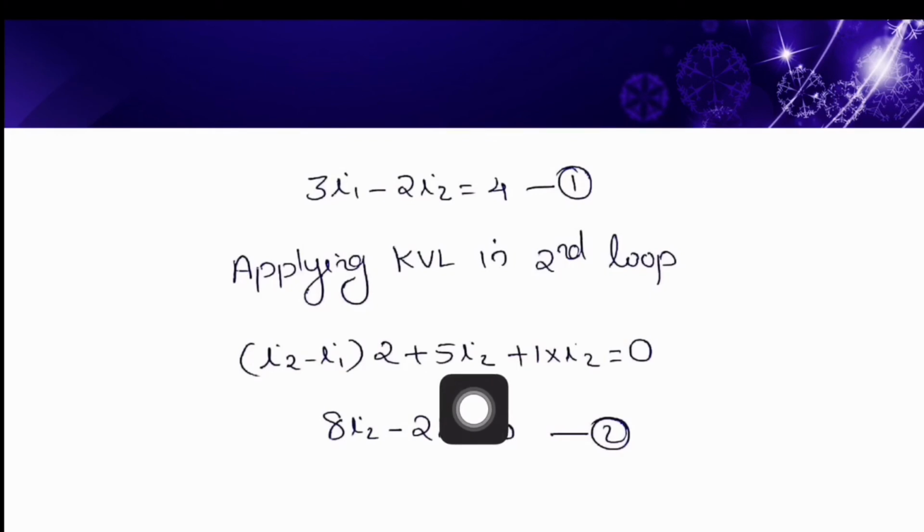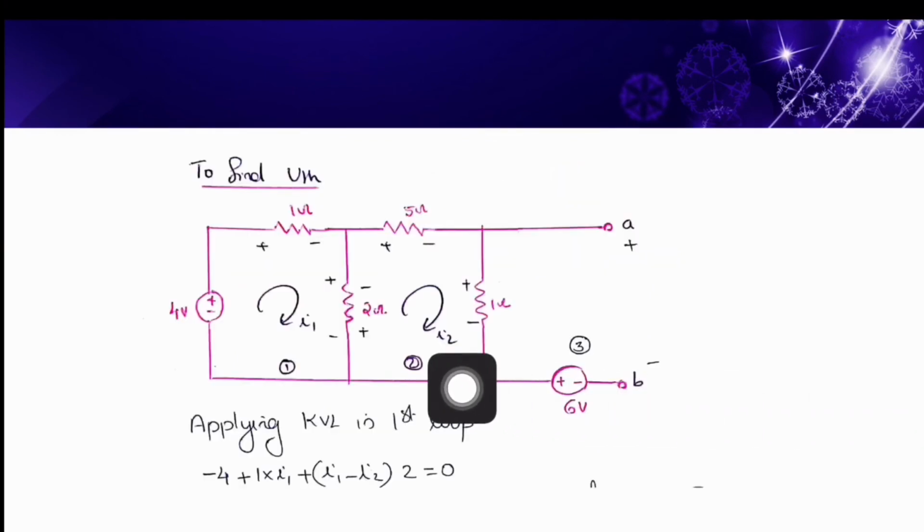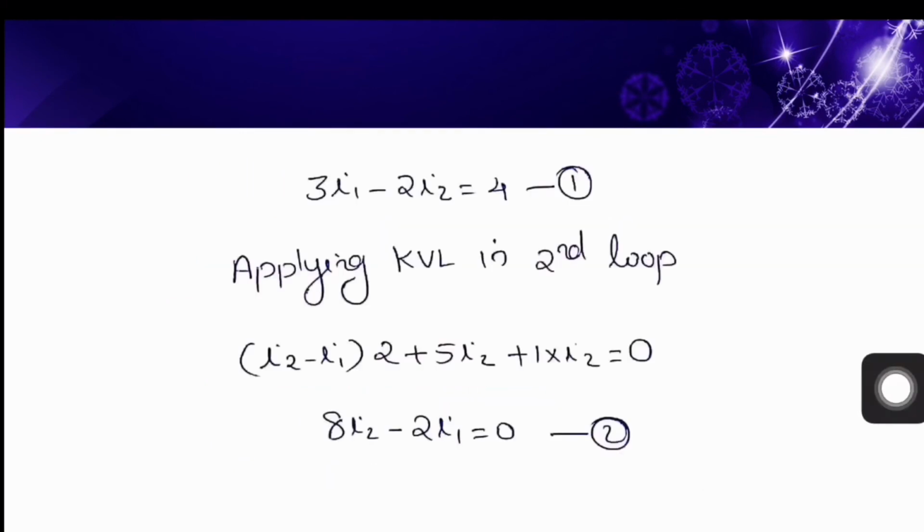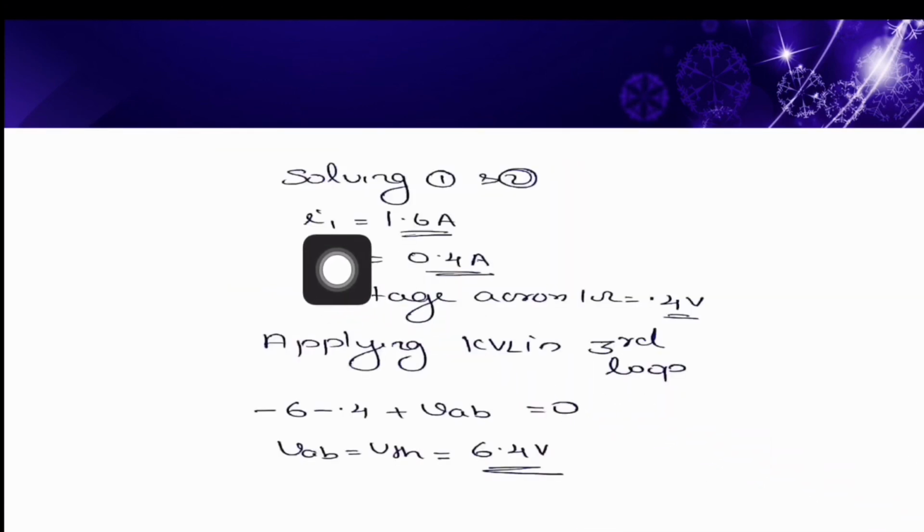Finally, the voltage drop across this 1 ohm, correspondingly we add a term 1 into I2. Thus we get I2 minus I1 into 2 plus 5I2 plus I2 is equal to 0. By rearranging this we get 8I2 minus 2I1 is equal to 0, labeled as equation number 2. By solving these two equations we get I1 as 1.6 ampere and I2 as 0.4 ampere.